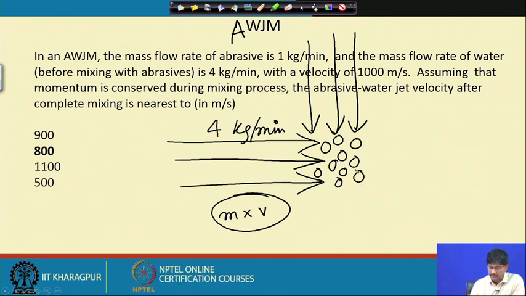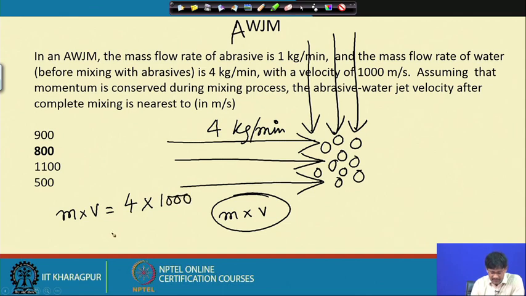So, if momentum is conserved, we have to assume that whatever momentum is carried by the water into the mixing chamber is the only momentum available. So, m into v here means 4 multiplied by 1000.